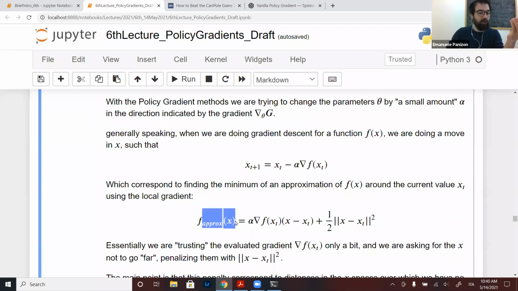The approximation of the function in x uses the fact that I know the derivative of the function in x_t. So this is basically a Taylor expansion of the first order.